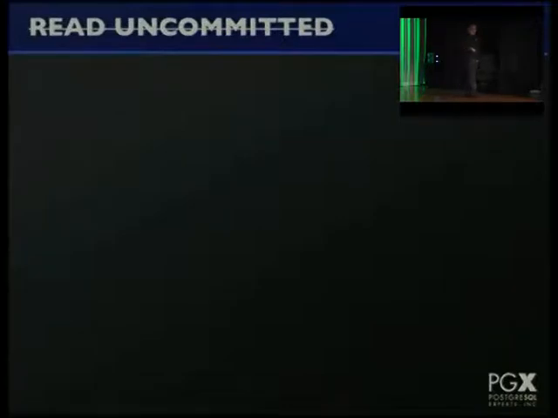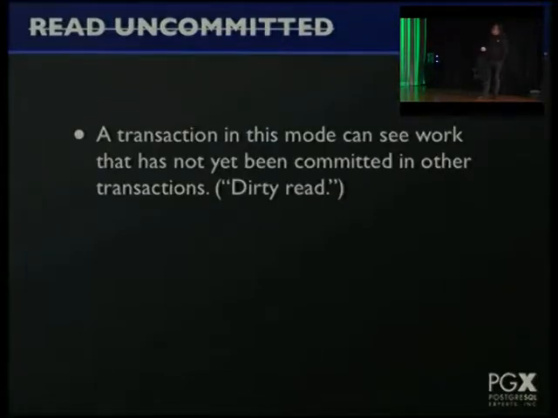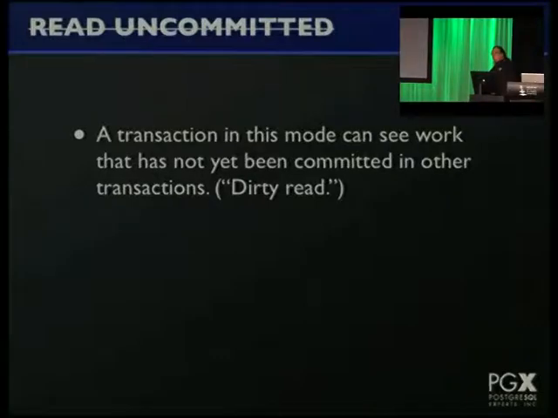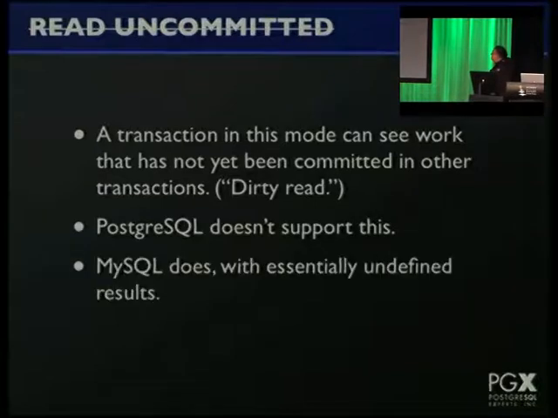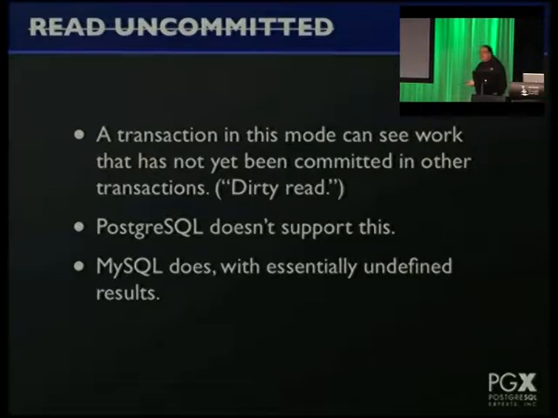Read uncommitted, which is in the spec, I'm going to talk about just to dispose of it. You don't just see work other people have committed, but you see other work that other people haven't committed yet. Postgres doesn't support this. MySQL actually does support it. The problem is you read the documentation and you realize the results are actually completely undefined.